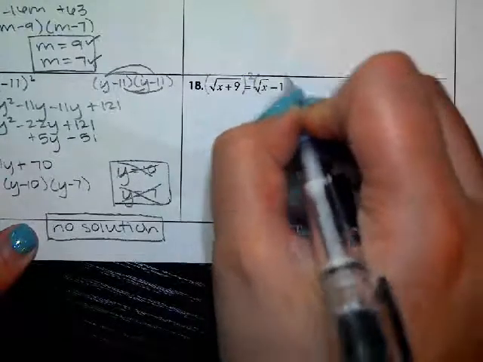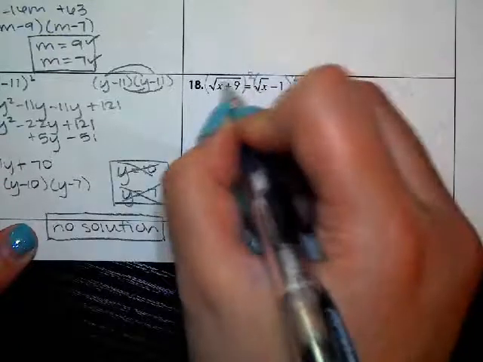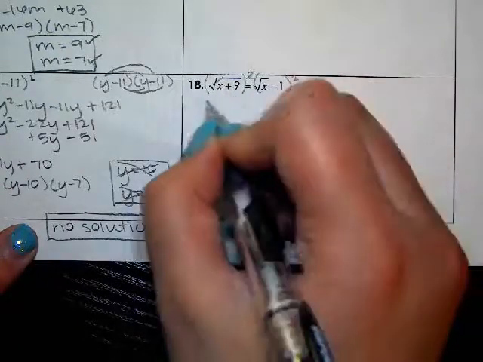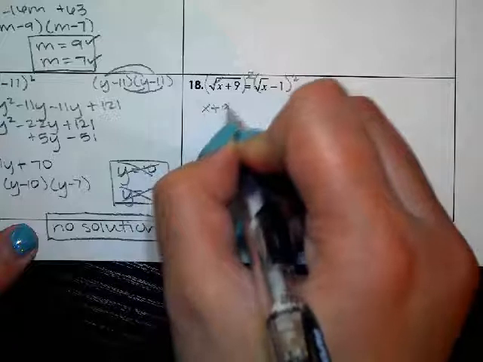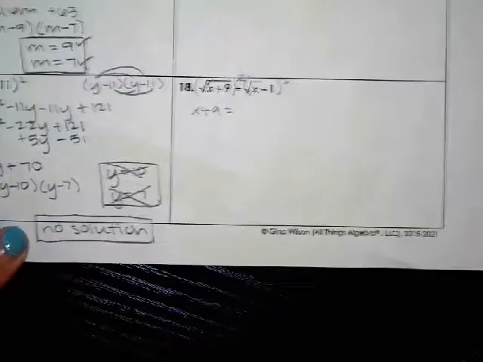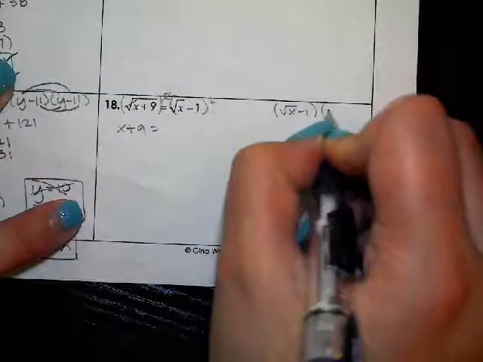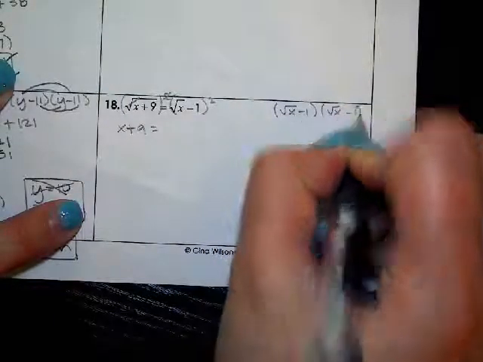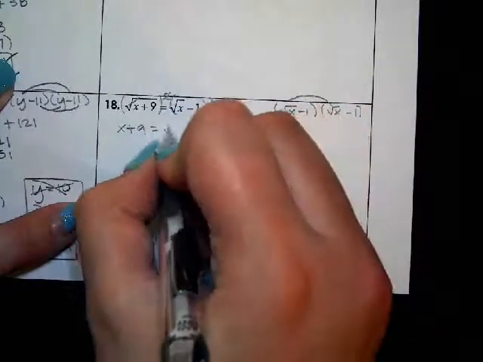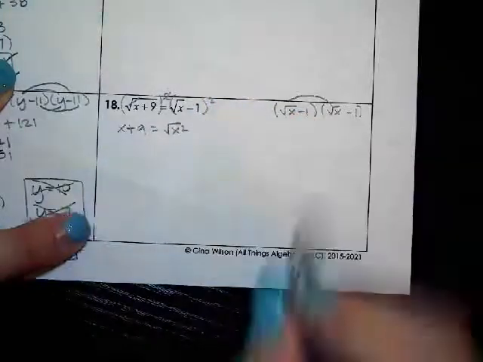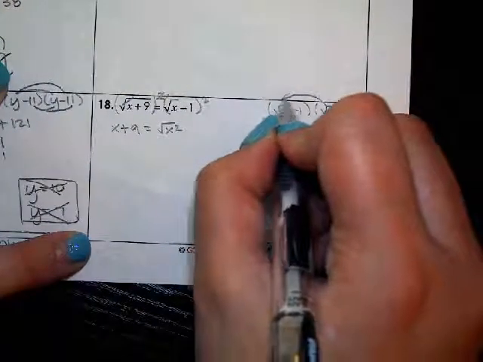The right side is going to be kind of weird because we have to write this twice. Root x minus 1. Root x minus 1, and we have to FOIL it. So root x times root x is root x squared. And then we got minus root x minus root x plus 1.